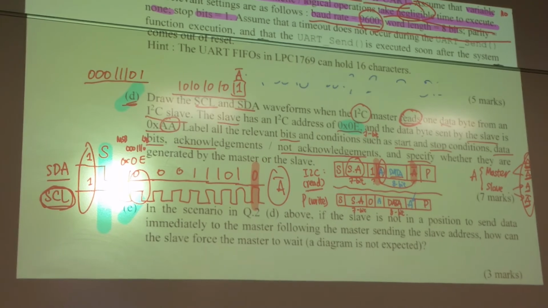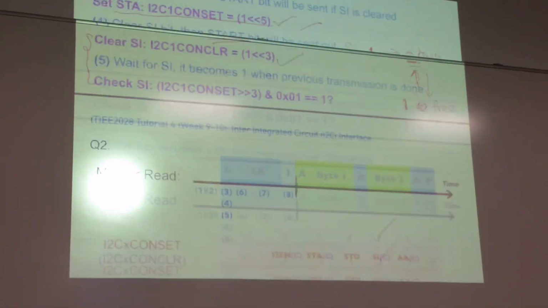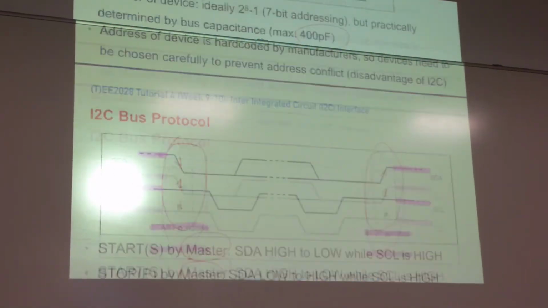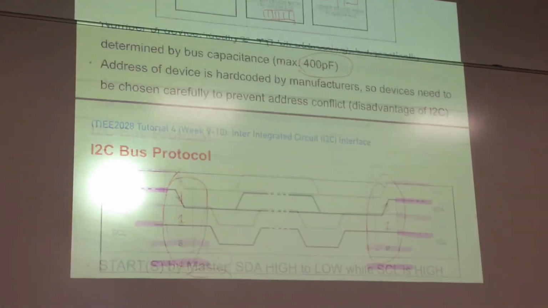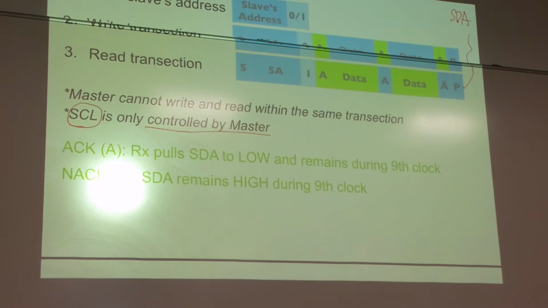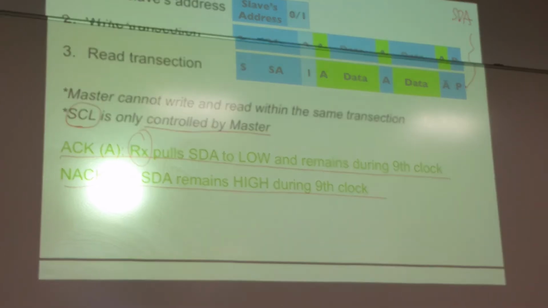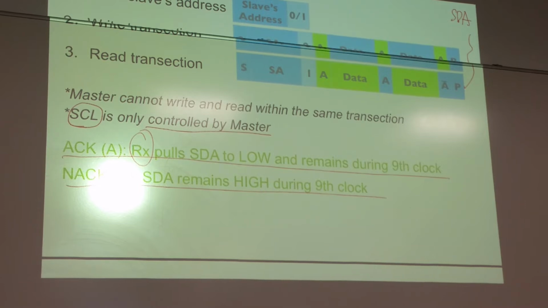Actually, I summarized all of this in my tutorial. At the beginning, I have a few slides to summarize everything, and you see that I summarized it here. Acknowledge, I'm talking about the receiver.